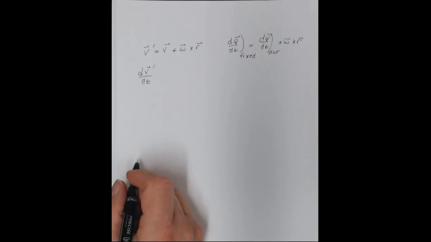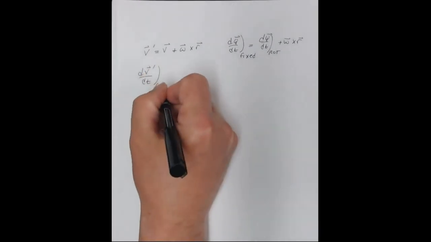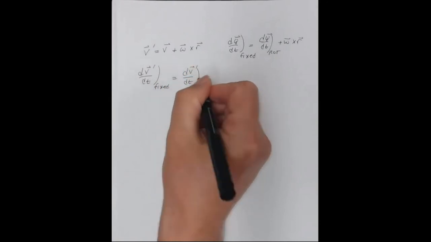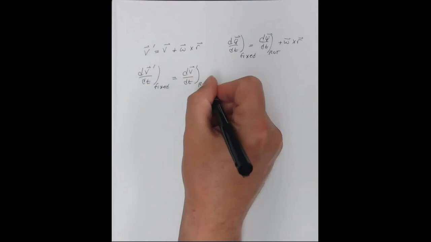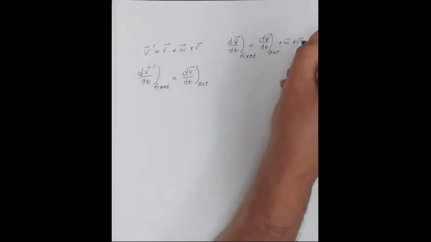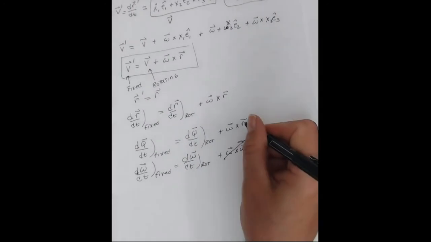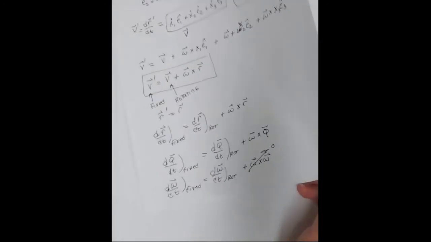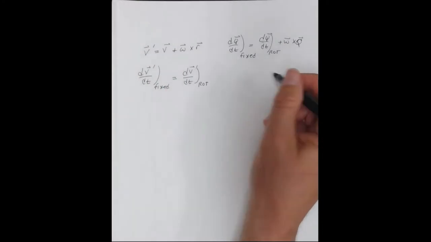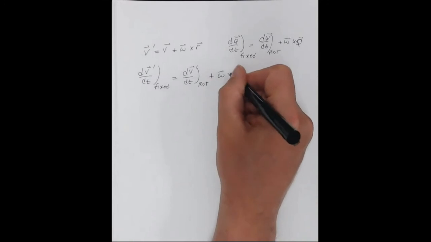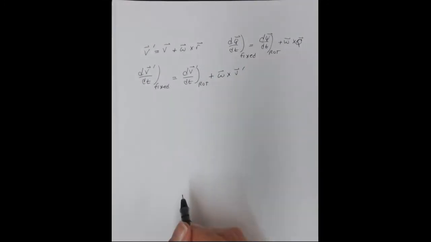So the derivative seen from the fixed frame is going to be the derivative seen from the rotating frame plus, oh, I'm sorry, that's supposed to be a q there. I don't think I did that right on the previous page. Yeah, matter of fact, here's the previous page. That should have been a q. So then plus omega cross v prime.